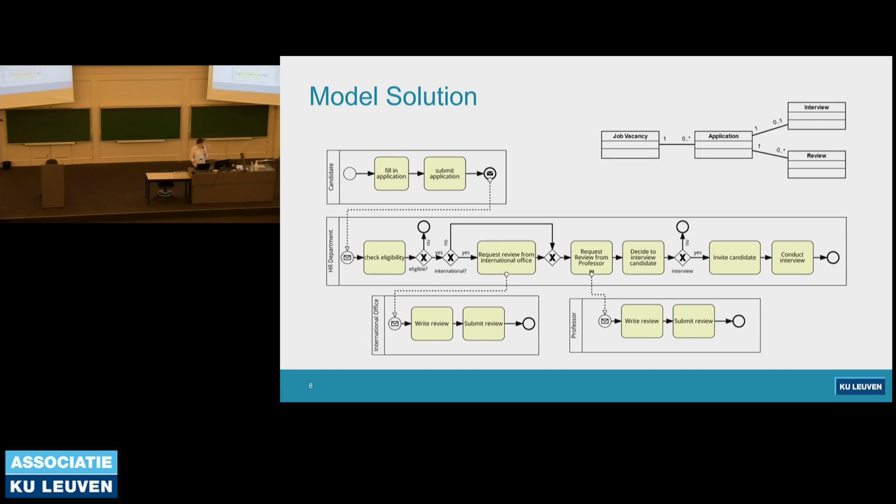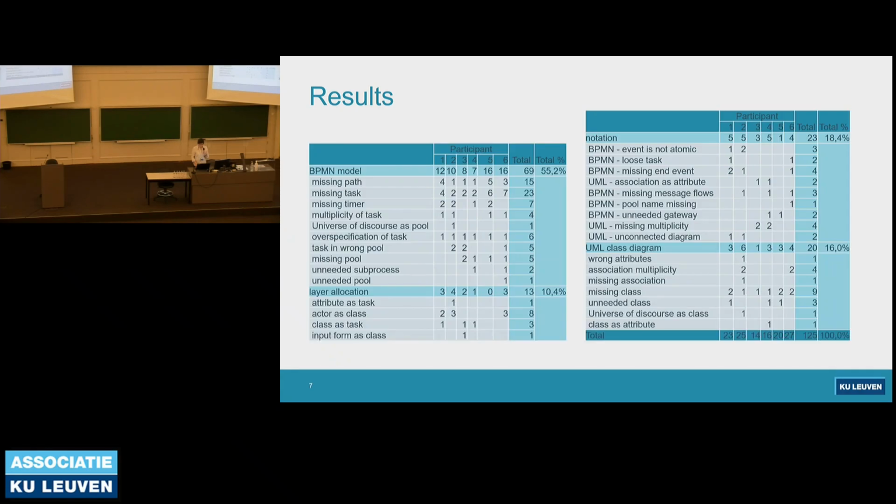So now I'll go over our results. First, I corrected the models and I classified all of the mistakes that they made into 4 categories. You can see that the biggest category is the mistakes related to the BPMN model. The second category is mistakes related to notation, both for BPMN and for UML.